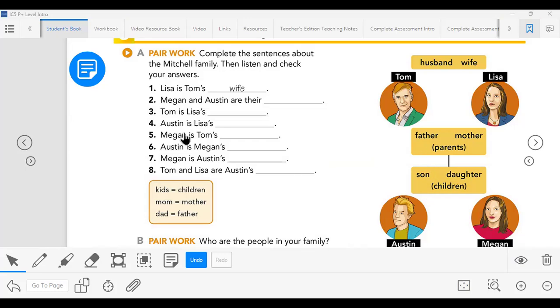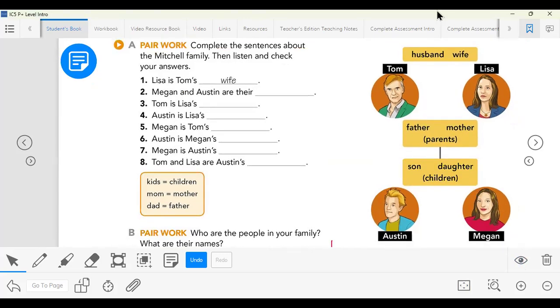Now, Megan is Tom's... the girl. Megan is Tom's daughter. That's correct. Austin is Megan's brother. Megan is Austin's sister.